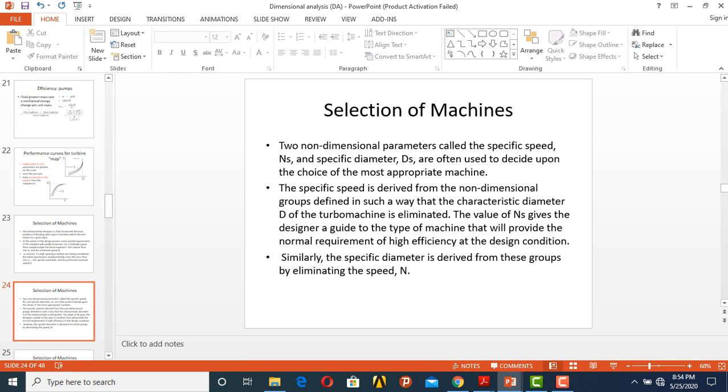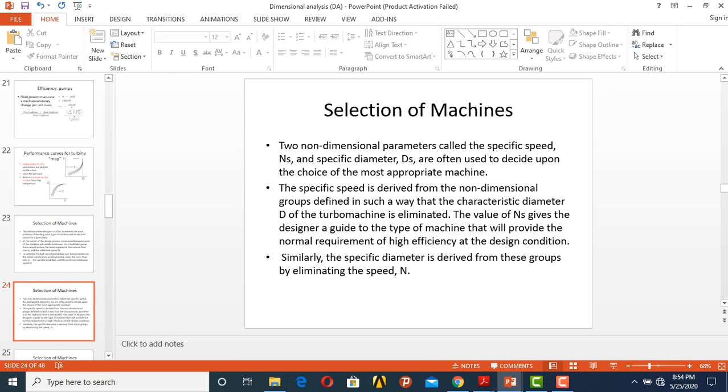These are often used to decide upon the choice of the most appropriate machines. The specific speed is derived from non-dimensional groups. Those groups can help us now to select which machine is suitable for the duty which we want to carry out.